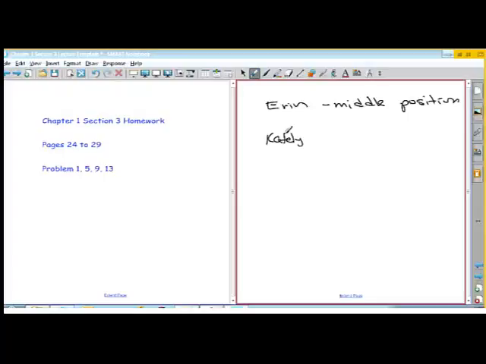Caitlin with a K. So this is number 5. And Ileana finishes 28th. How many schools took part in the race?